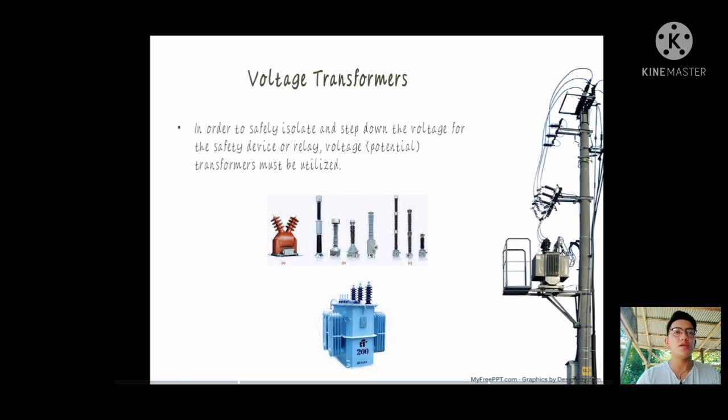The voltage transformer ratio is typically expressed as primary to secondary, like 14,400 to 120 and 7,200 to 120.